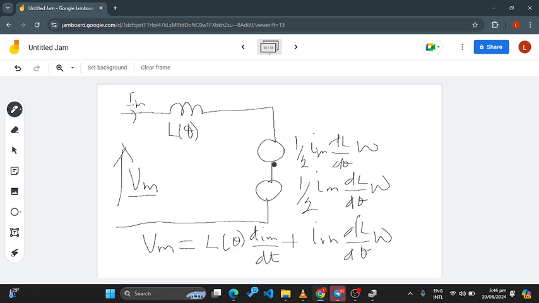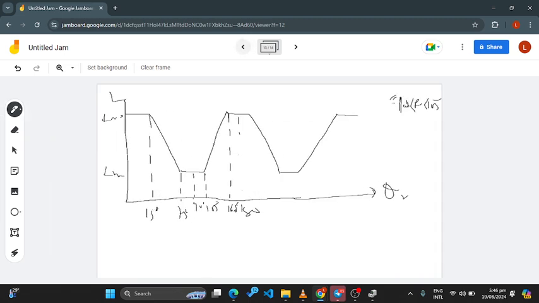We know the maximum current, which is 10. So we know this and we are coming to determine this. Let's look at something. During this phase, the current is not changing. Do you agree with that? During this phase, the current doesn't change.